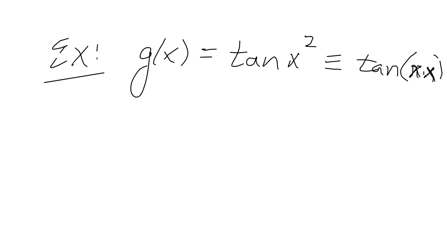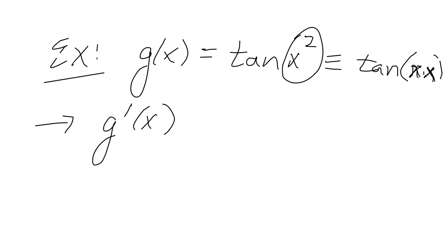We got to square the x first and then take the tangent. So if I'm going to take the derivative of this thing, I don't know what your question was. If you said, can you use a chain rule? We have to use a chain rule, but basically we act like it's okay. So what's the derivative of tangent?